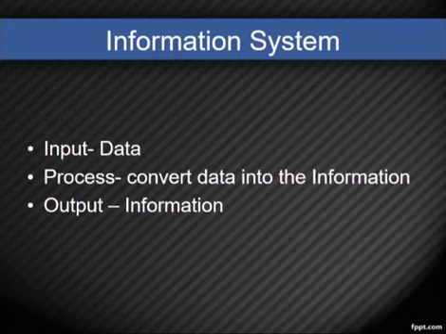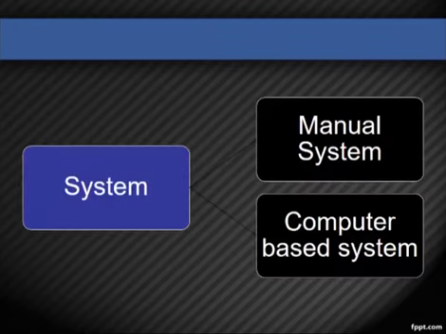All components work together to provide the information. So it takes data as input, and converts that data into information. That is the information system. We have two types of information system: the manual system and the computer-based system.